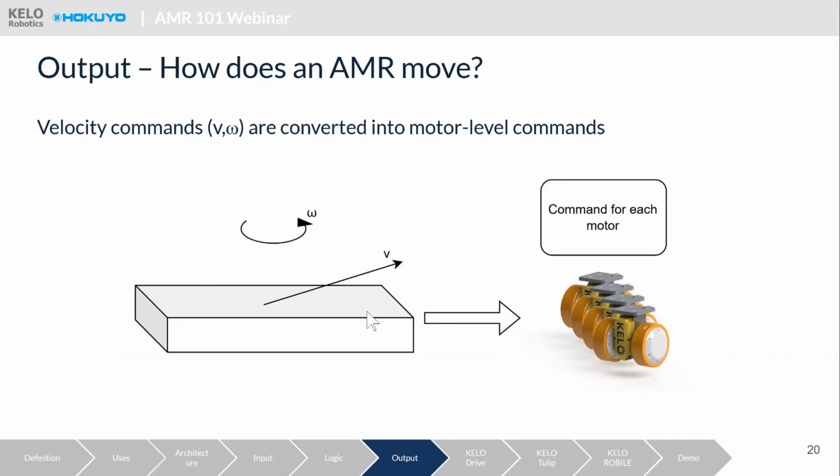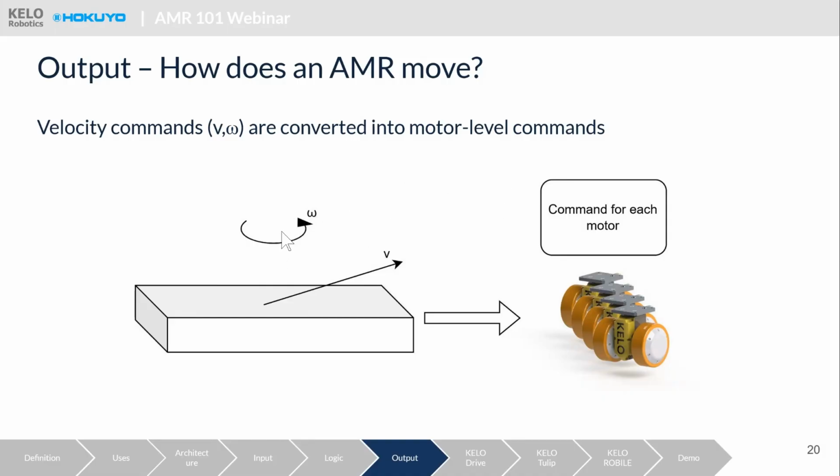If you're talking about the motion of the platform that we need to navigate in the system, let's imagine the logic part is telling us in which angle and with which velocity we should move. Also, how we should rotate around the axis of the robot, which is basically linear velocity and angular velocity on the platform level.